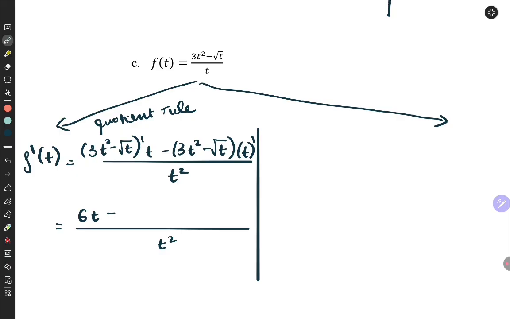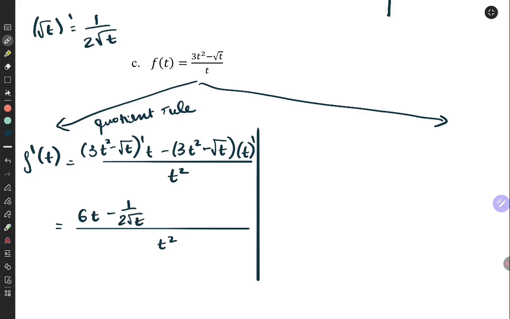Okay, and like I said, square root of t is very common, right? You don't want to write out t to the power 1/2 and then subtract and so on. You want to do this. This is very common, so apply that right away.